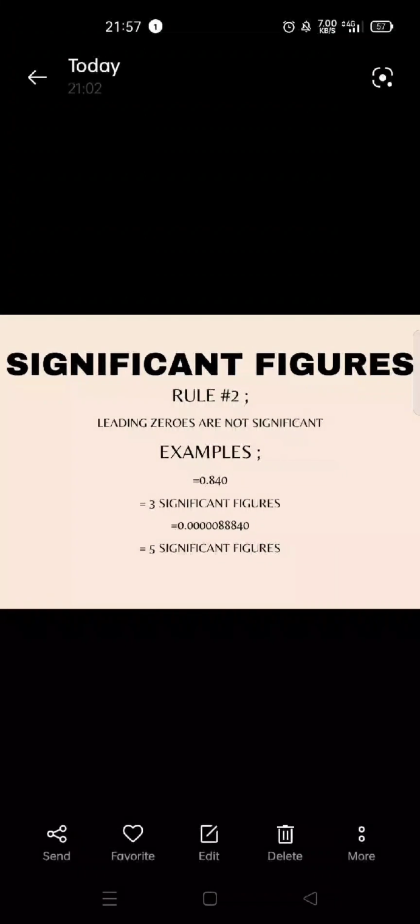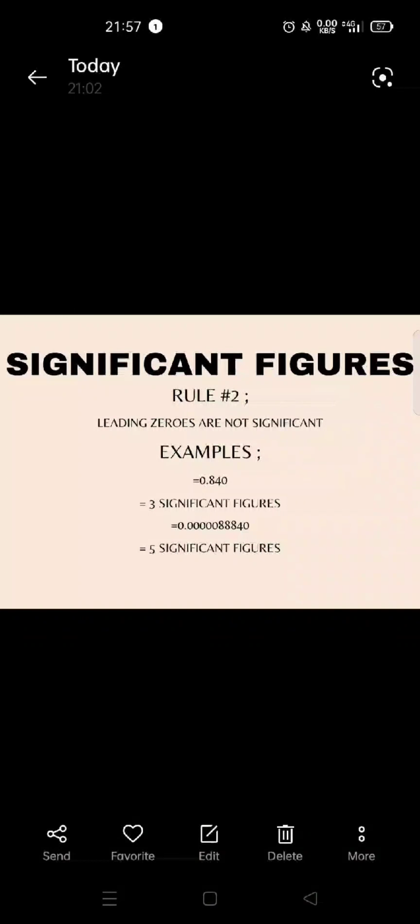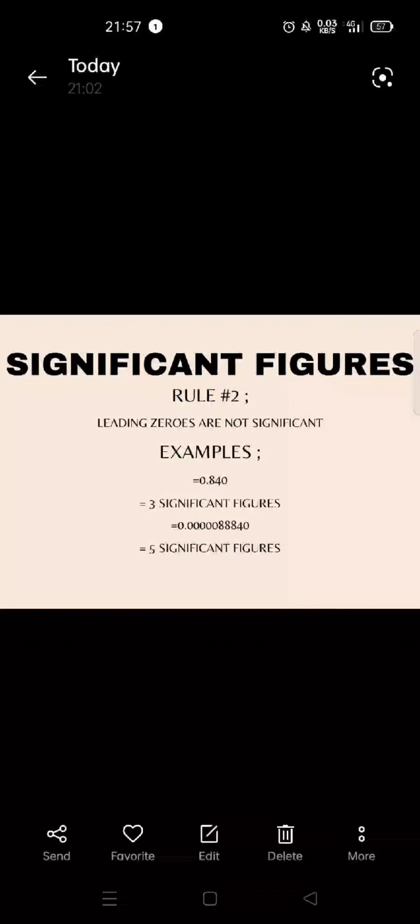Rule number 2, leading zeros are not significant. For example, 0.840. Because of the zero, the first zero is not qualified as a significant figure. That's why there are only 3. The 840 are the only significant figures.